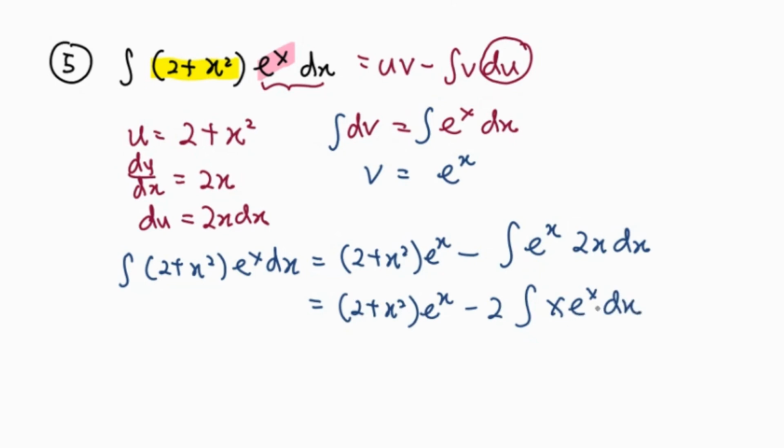Notice that for this question we cannot integrate e^x only. We have another polynomial, x, in front here, so we need to do integration by parts again. But this question, we already solved in question number 1, so you can refer back to your answer for question number 1 so that we can plug in the answer straight away.